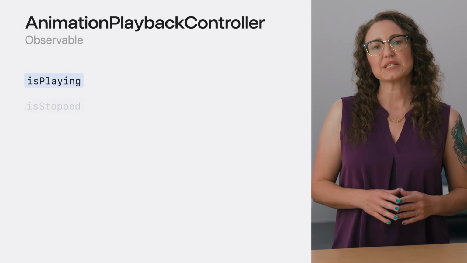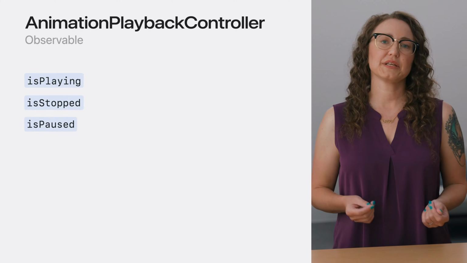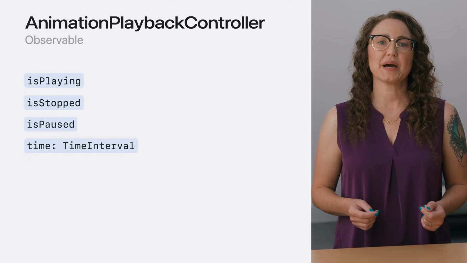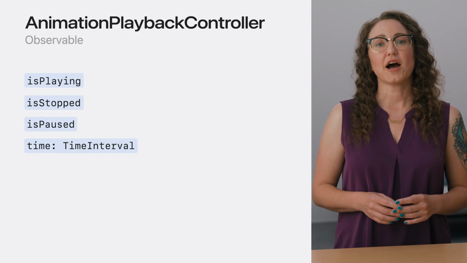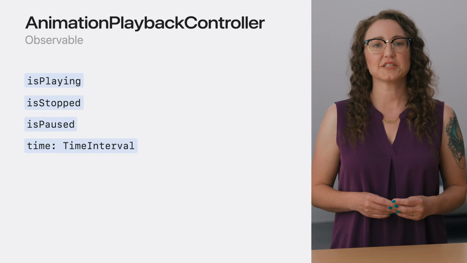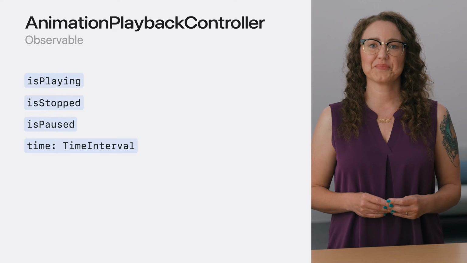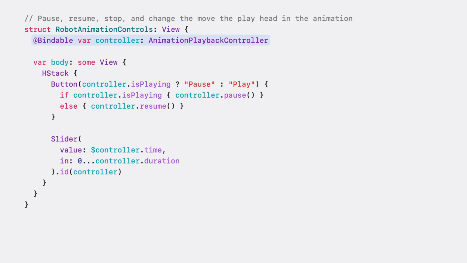In visionOS 26, the existing RealityKit class Animation Playback Controller is now observable. In my SwiftUI view, I observe the time property to display the animation's progress. I have a bindable property called controller, which means I'm using the Animation Playback Controller as my view's data model. When the controller's isPlaying value changes, SwiftUI will reevaluate my Robot Animation Controls view.